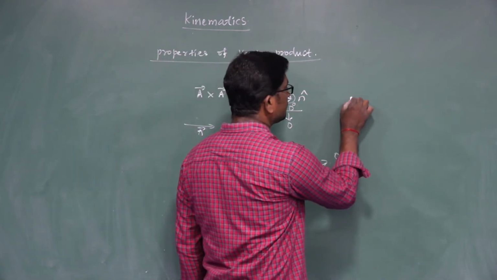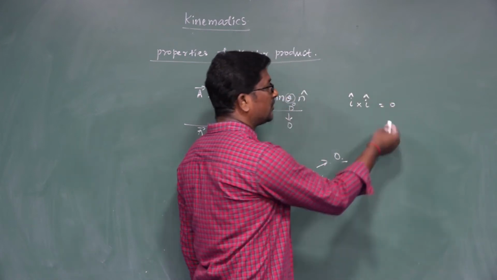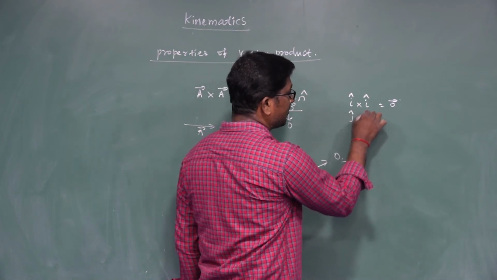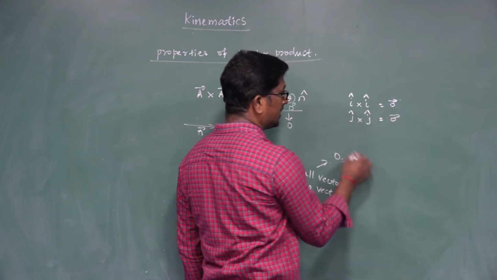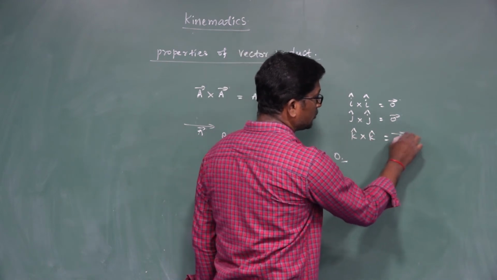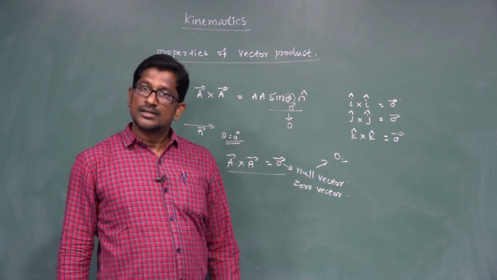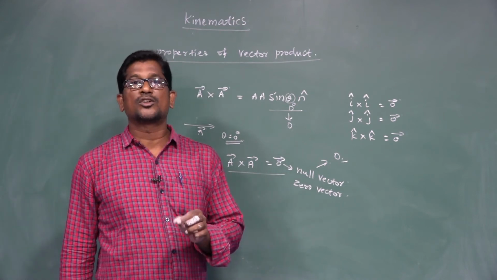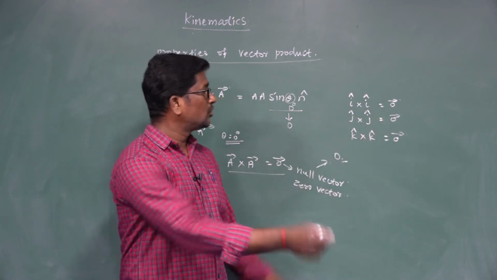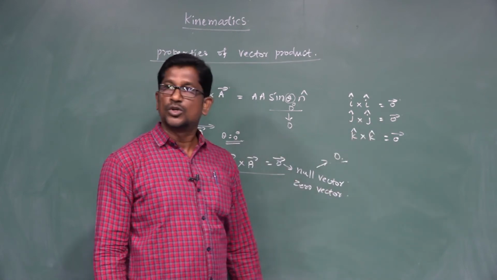That is, i cap cross i cap is 0 vector, and j cap cross j cap is 0 vector. Similarly, k cap cross k cap is also 0 vector. The self cross product is always a null vector. Similarly, the self cross product of unit vector is also a null vector. That is, i cap cross i cap is equal to 0, j cap cross j cap is equal to 0, k cap cross k cap is equal to 0.